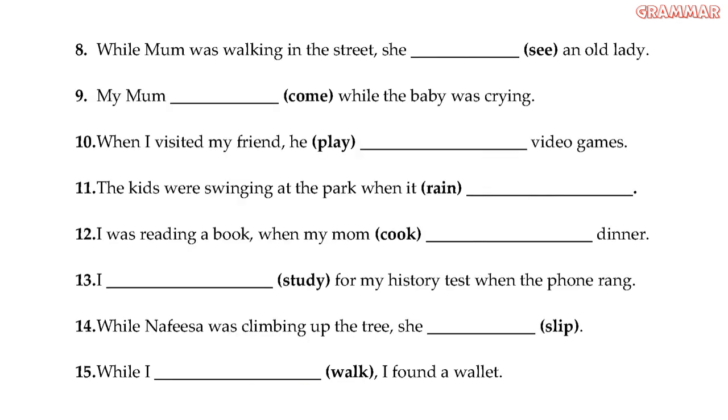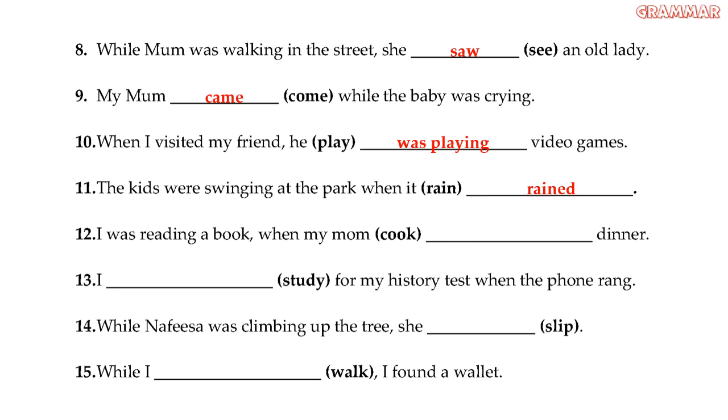While mom was walking in the street, she, don't make C in the past progressive, don't put ing, make it past simple. She saw an old lady. My mom came, very good, while the baby was crying. When I visited my friend, he was playing video games. The kids were swinging at the park when it rained. Very good.